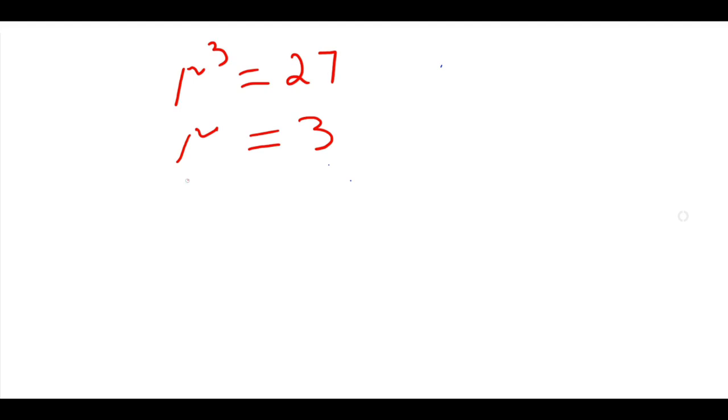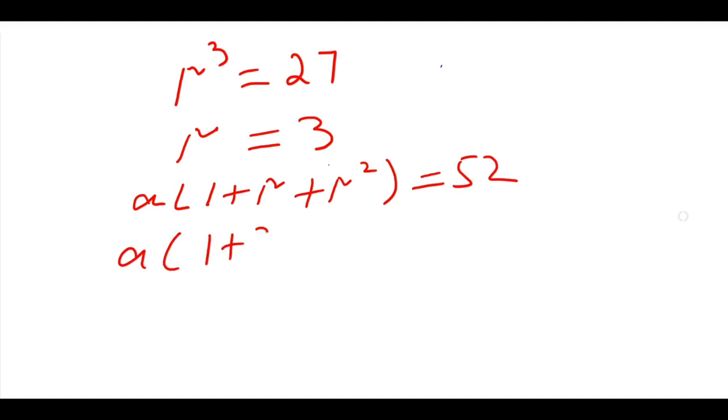So the first equation we have a(1 + r + r^2) is equal to 52. Now in place of r we're gonna put the 3. So a(1 + 3 + 3^2) is equal to 52.